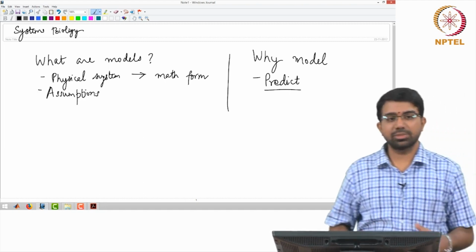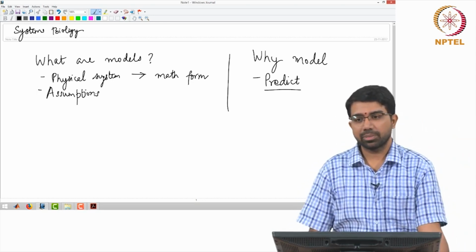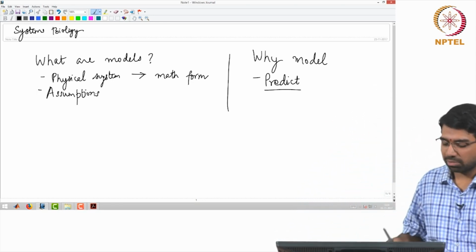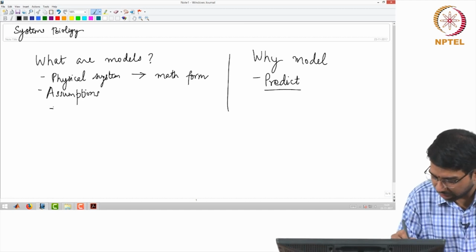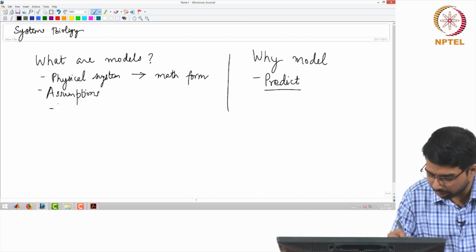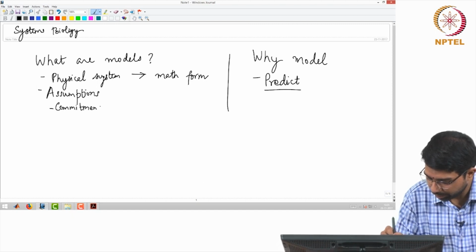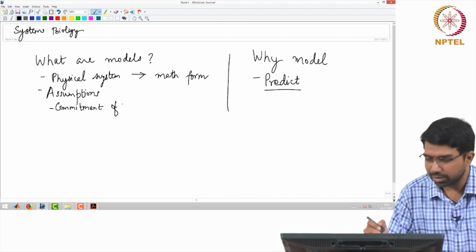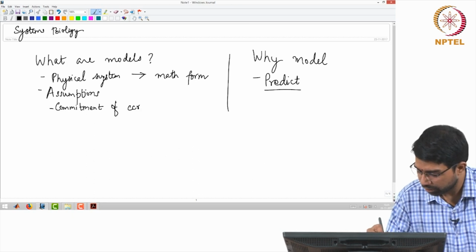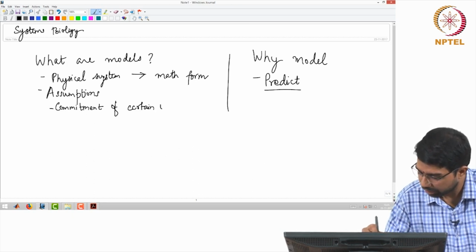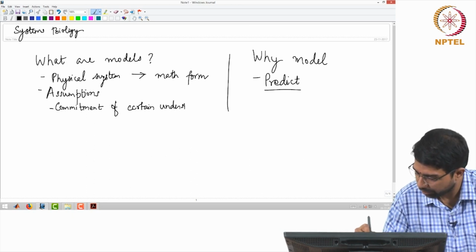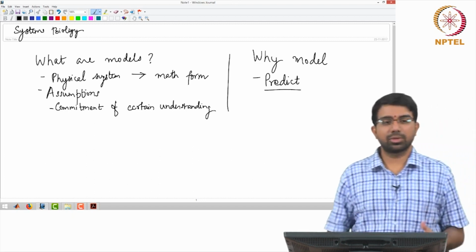There are several assumptions that characterize every model, or in other words, I would say it is an important commitment of what you understand about the system.